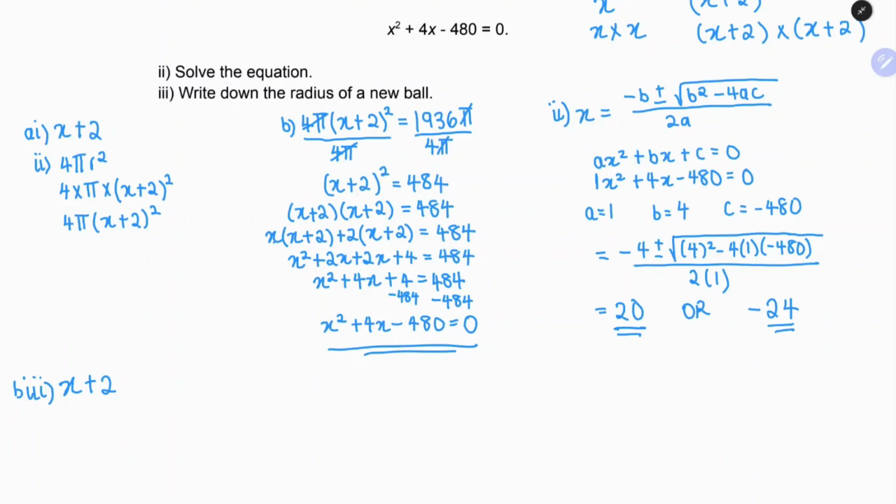In terms of direction you can see it that way, but not this time. We are going to stick to the positive number. You can't say that a ball has a negative 24 millimeter radius. So we're going to use the positive answer for x, which is 20. So you say 20 plus 2 is equal to 22 millimeters. And that's your answer.